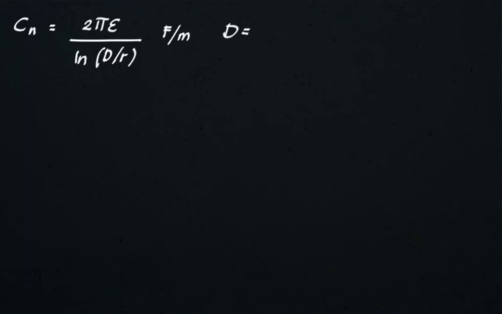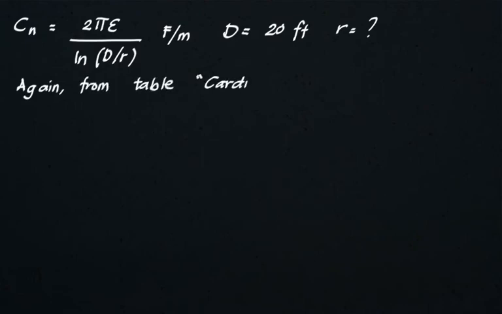One by one, we have our D already, but again, where is r? From the table, we just have to locate the cardinal ACSR. This is an ACSR, not pure copper. I think this is the succeeding page in our table.